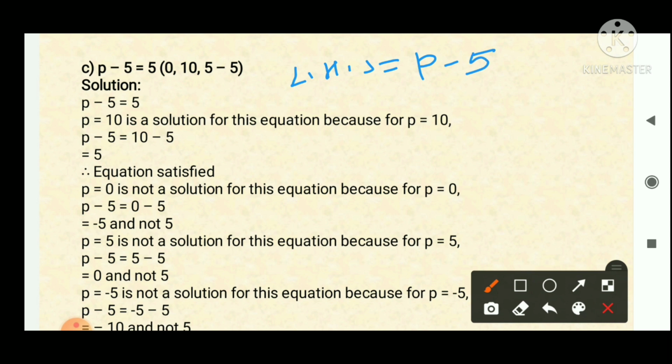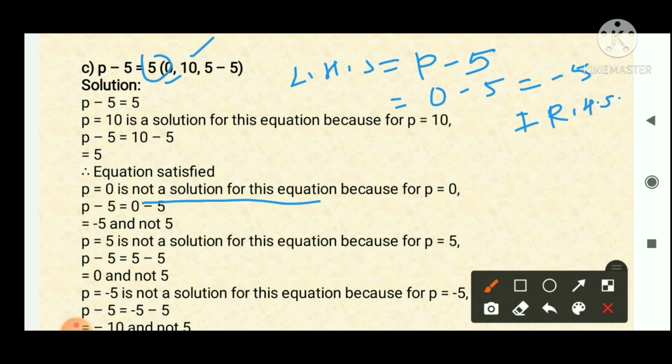Now we put the value of p is equal to 0. 0 minus 5 is equal to minus 5. But here the right hand side is 5. So this is not equal to the right hand side. So p is equal to 0 is not a solution for this equation. Now we will put the value of p is equal to 10.